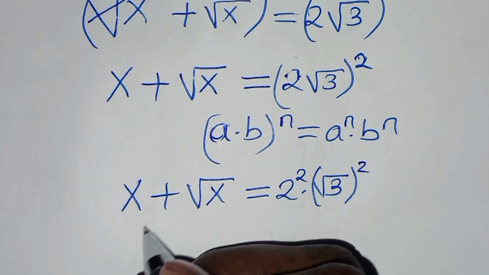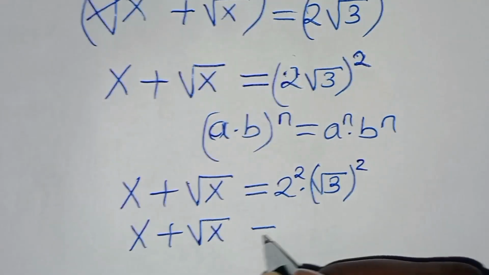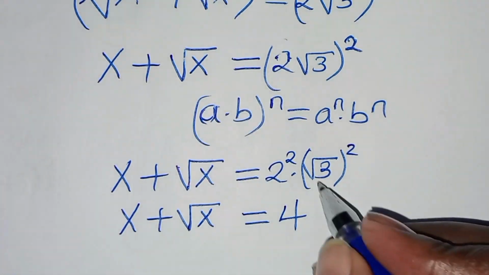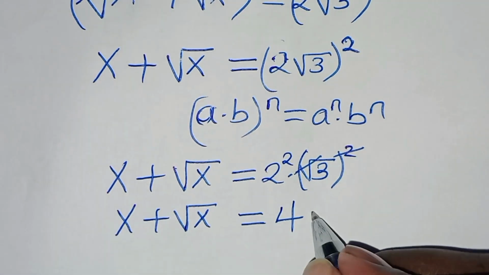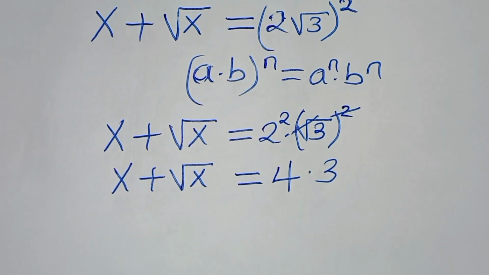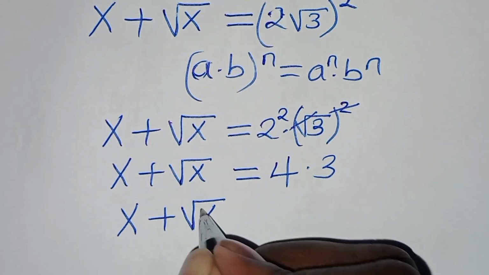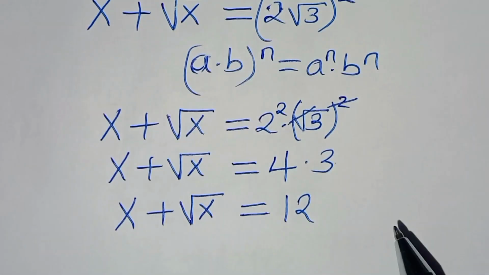So x plus square root of x is equal to 2 squared, which is 4, then square root of 3 raised to power 2. This means we eliminate the square root sign, so this is times 3. So x plus square root of x is equal to 4 times 3, which is equal to 12.